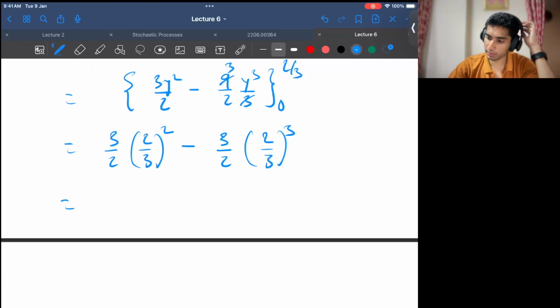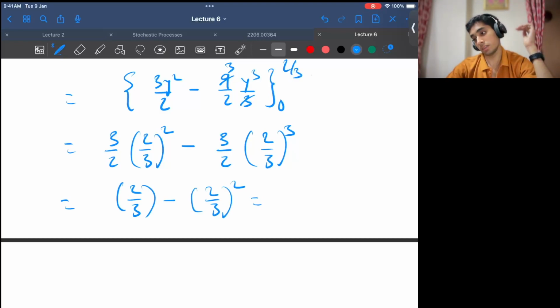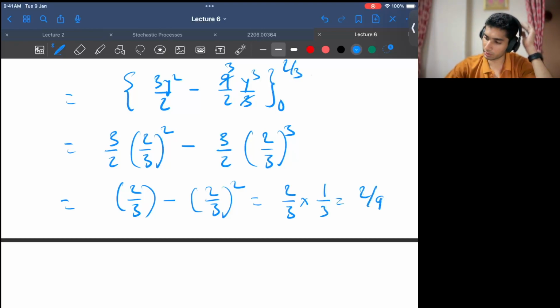So this is square times its inverse, right? So this will become just 2 by 3 minus 2 by 3 whole square, right? So this will become what? 2 by 3 times 1 minus 2 by 3, which is 1 by 3, and 2 by 9. So the answer is 2 by 9.